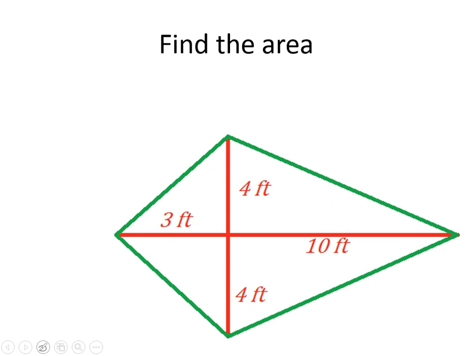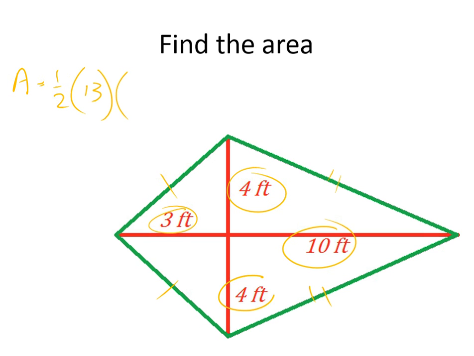So here we go. This right here is a kite. Just take my word for it. So your area is equal to 1/2 times the length of d1, so 3 plus 10, 13, multiplied by the length of d2. 4 plus 4 is 8.